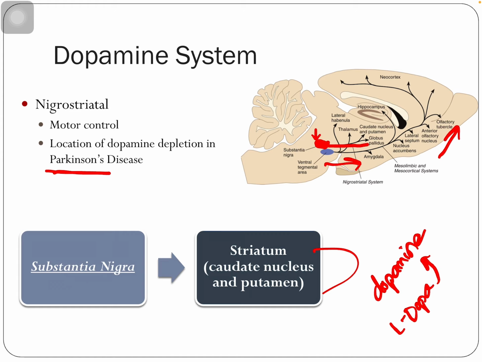In some cases, and this isn't rare, this does happen to some people, they'll actually develop habit-like addictions. So they might develop a gambling addiction. They might become addicted to certain drugs. They might develop a sex addiction or an eating addiction. And it's because we're seeing these systems being activated with more dopamine.